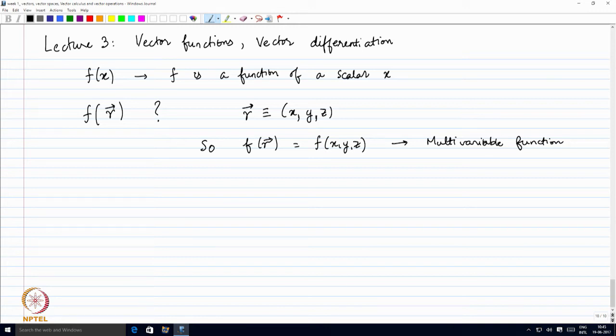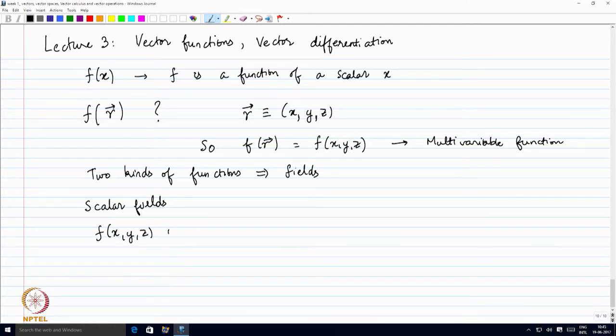Now, there are some more interesting things you can do. We can look at 2 kinds of functions, and these functions are referred to as fields. So, there are scalar fields or scalar functions, where f of x, y, z is a scalar.